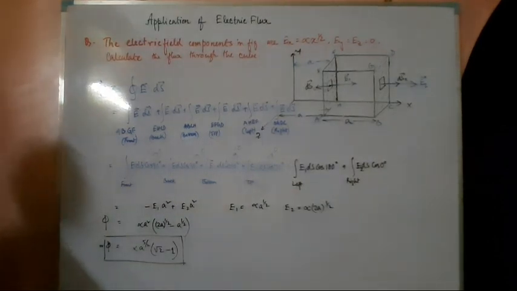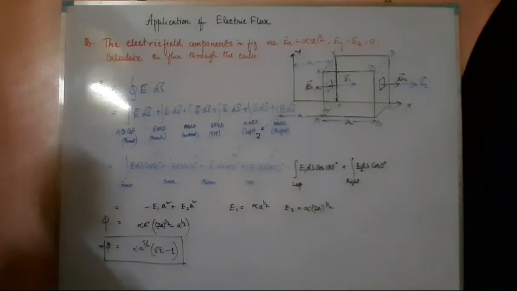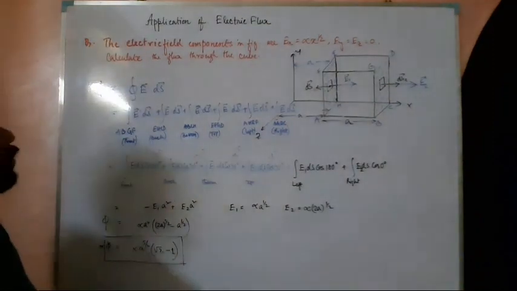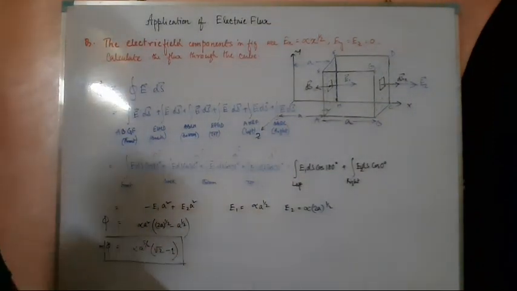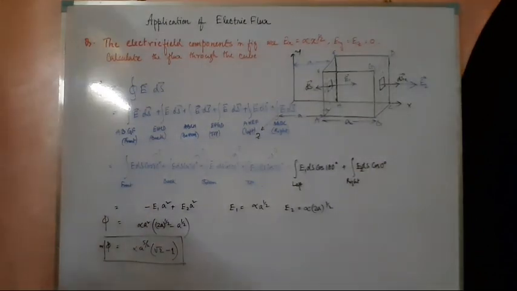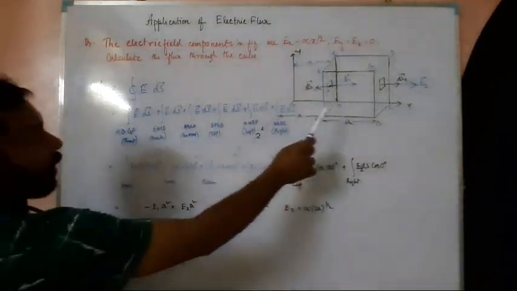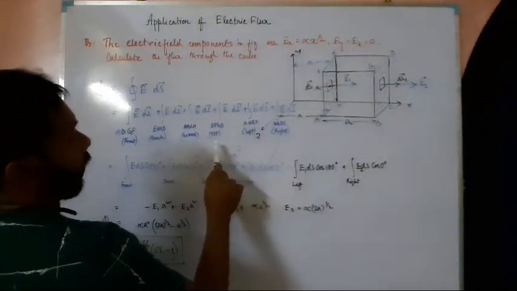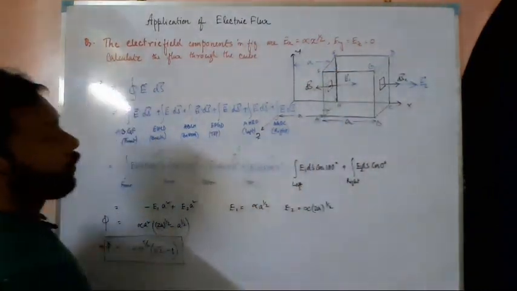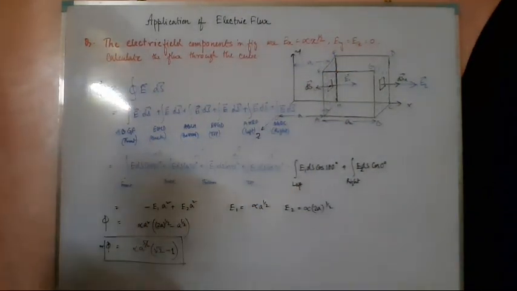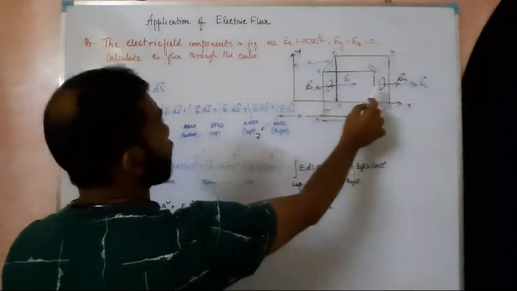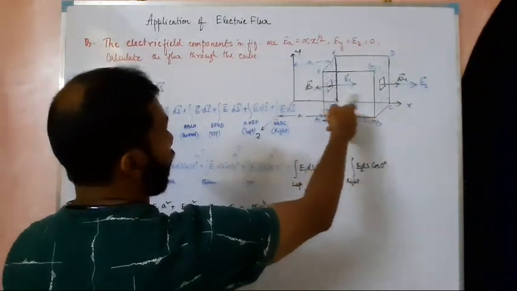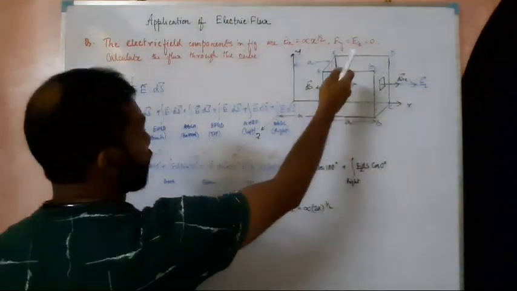So you can see here the flux can be calculated by expanding this closed integral into open integrals, one for each surface: the front surface, that is AB, GF, then the back surface, bottom surface, and top surface. Those surfaces not marked by the green pen, and the left and right surfaces are also included, and as they contain the field lines, they are marked differently from the other sides.